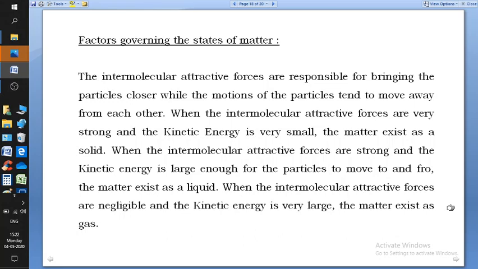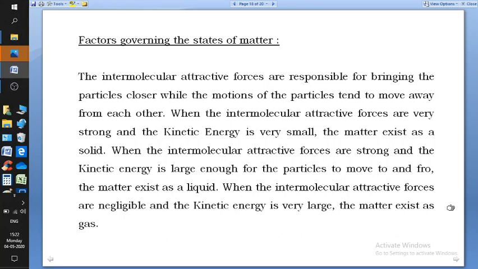So what happens is, this intermolecular attractive force is present in all the particles, and between the particles of solids this force is always there. It keeps the solid closely packed. They attract each other, and hence the substance exists in a solid state.